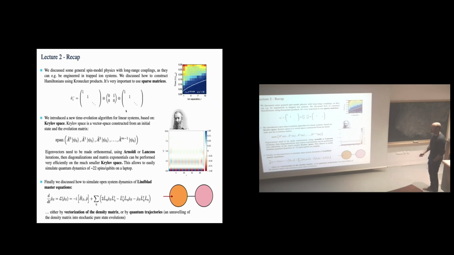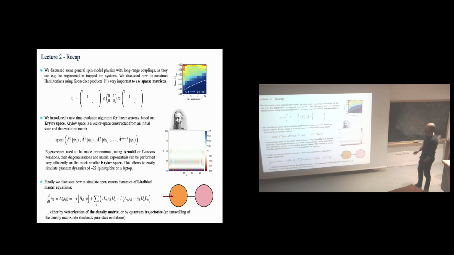But I think the most elegant method is the so-called Krylov space idea. I motivated this: it is a space that at each point in time you define from the state you have, by applying your evolution matrix to the state multiple times. This is not an orthogonal basis, so you have to use some type of Gram-Schmidt procedure to turn it into a good orthogonal basis.